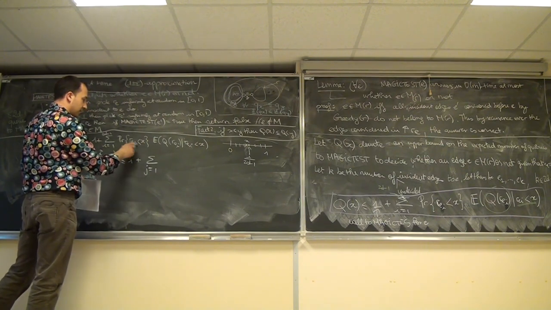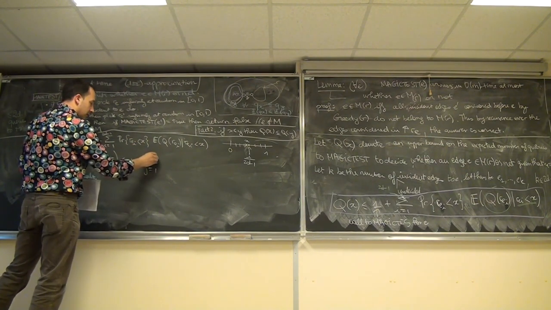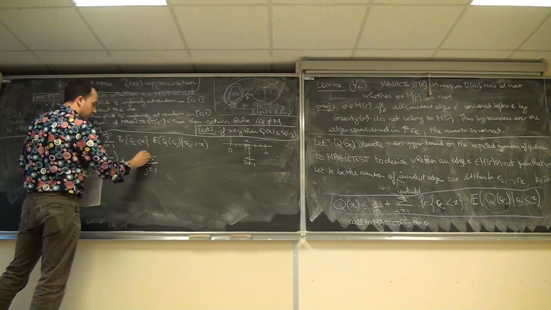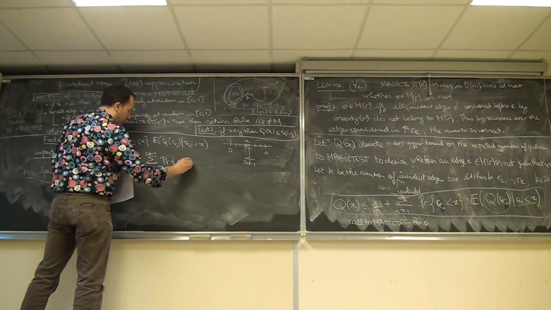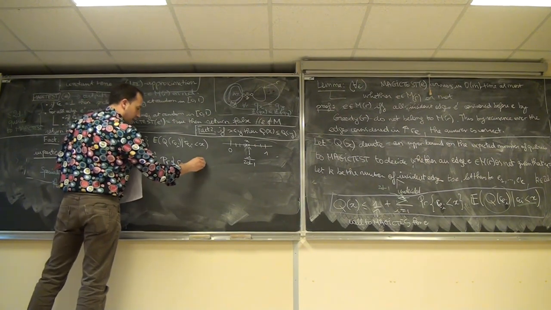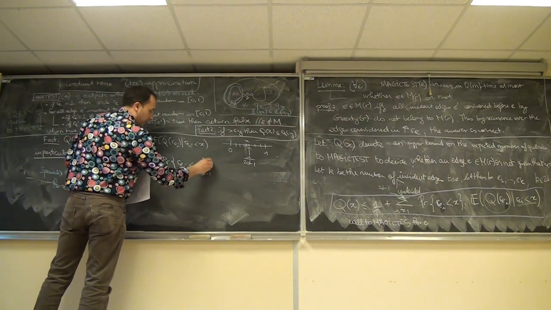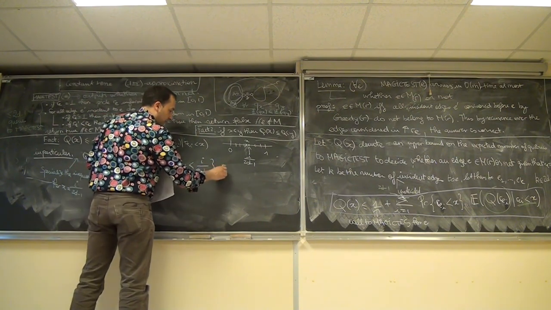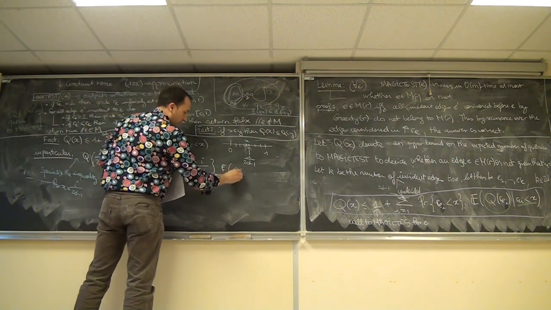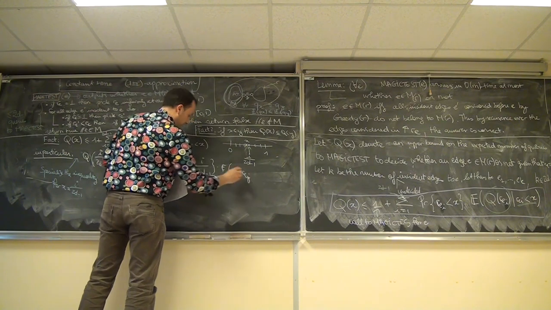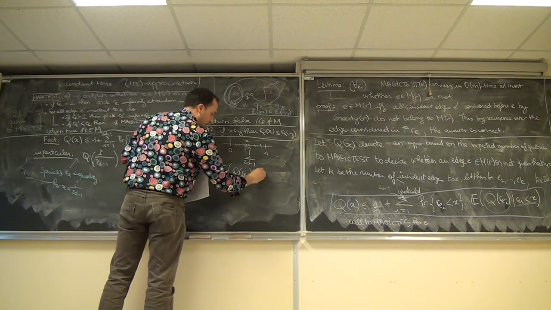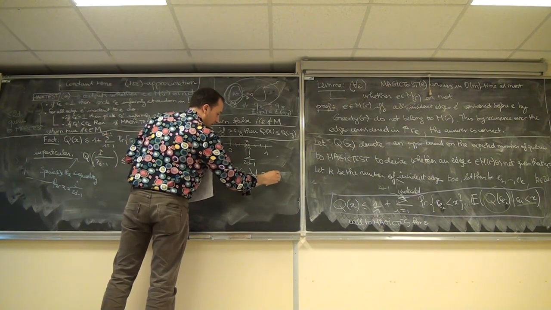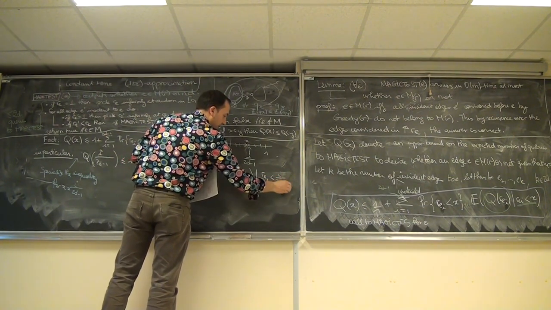Okay, because let's write it 2d minus 1. The probability that R_{E minus 1} is less than I over 2d minus 1, times the expected value of Q of R_{ej}, given that R_{ej} is less than I over 2d minus 1.